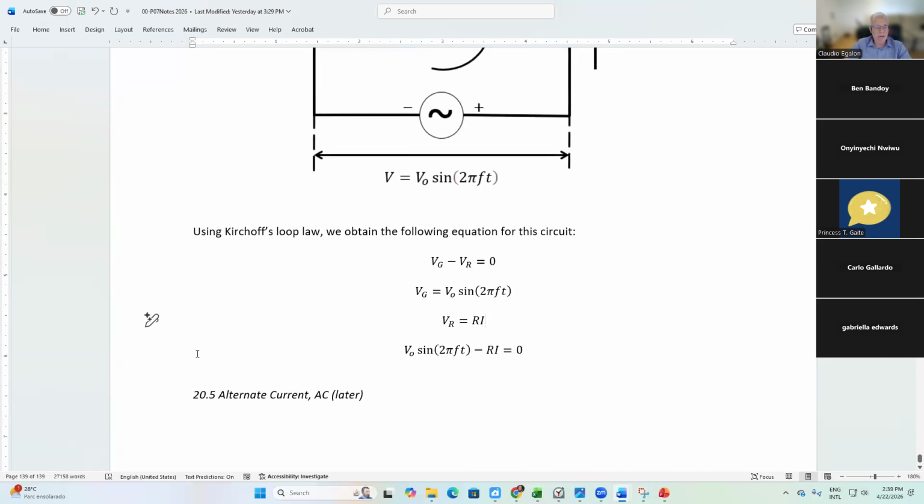And then we replace in our equation, we get something like that, just like we got before, but now using Kirchhoff's loop law. And then you can write down the current in terms of the voltage and the resistor.